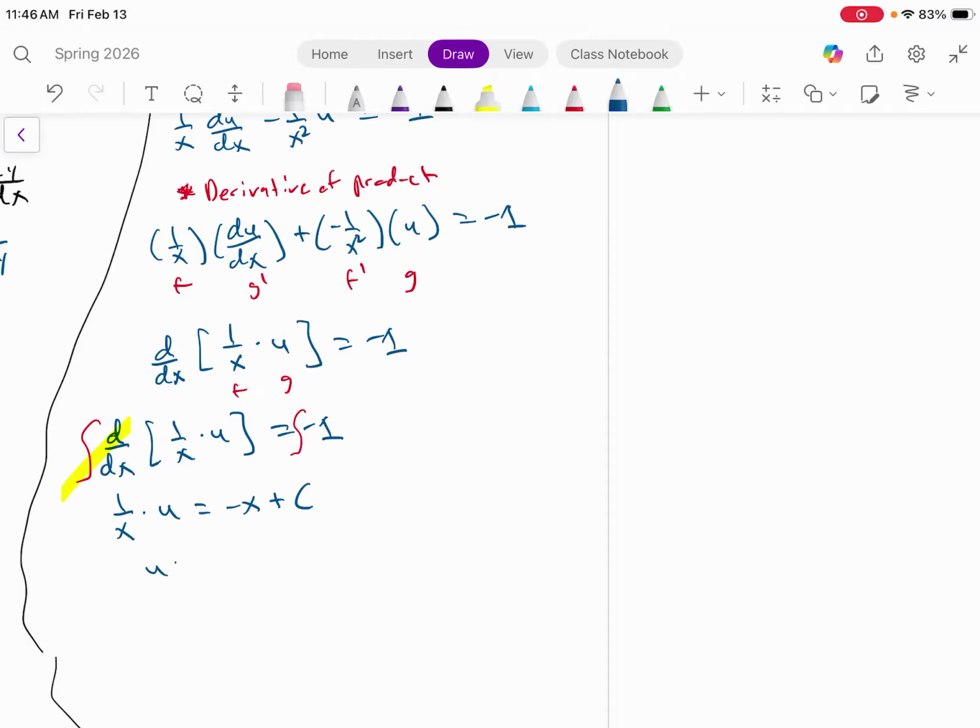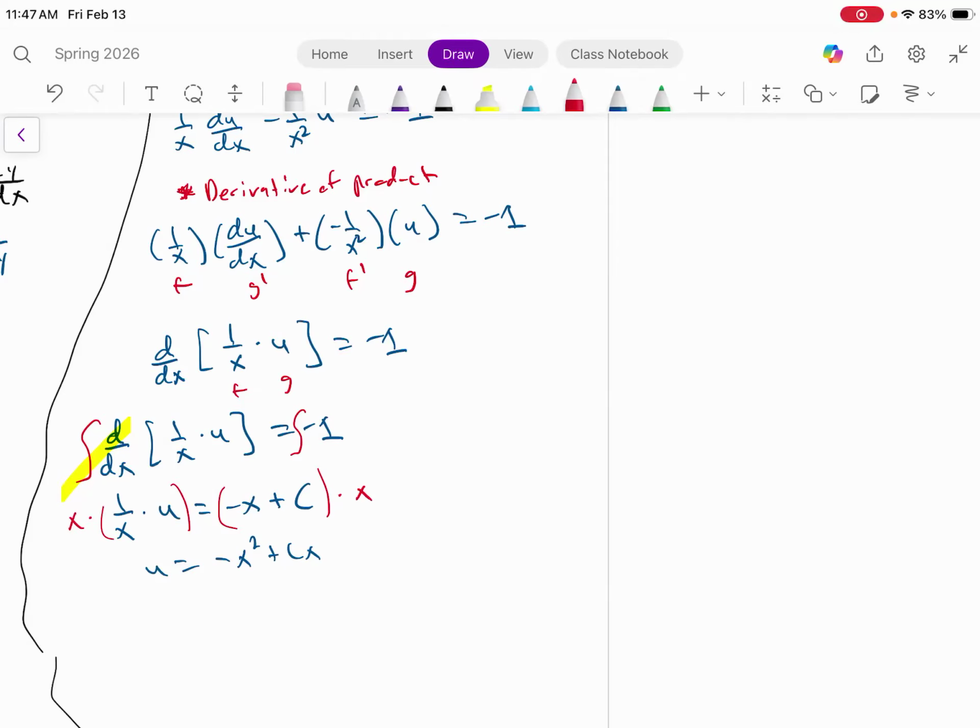And so u would be negative x squared plus cx if I multiply x to both sides. And so I have u equals negative x squared plus cx.